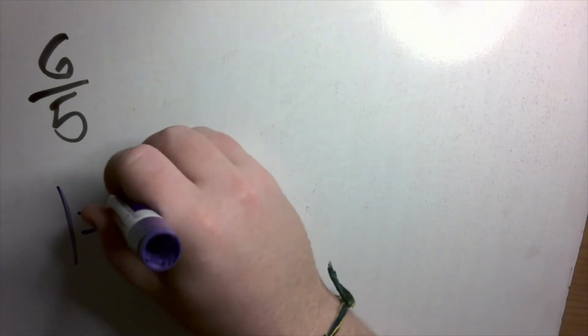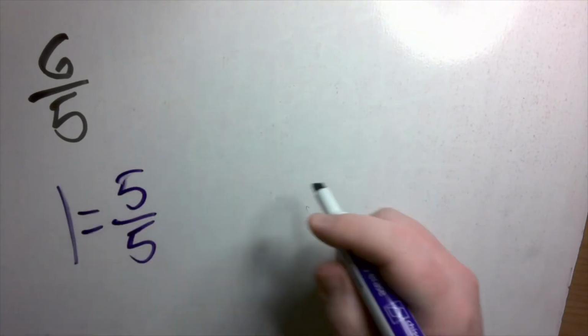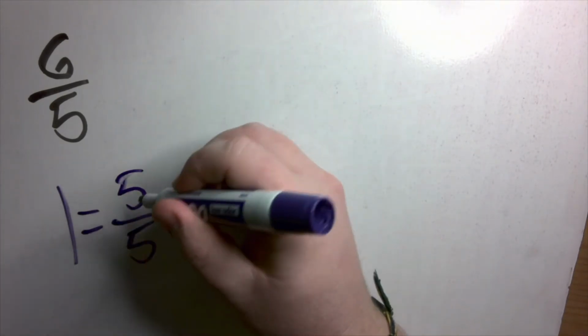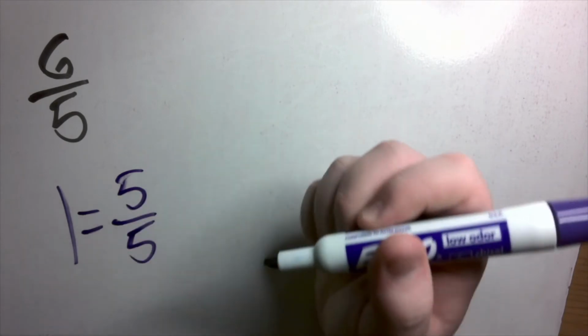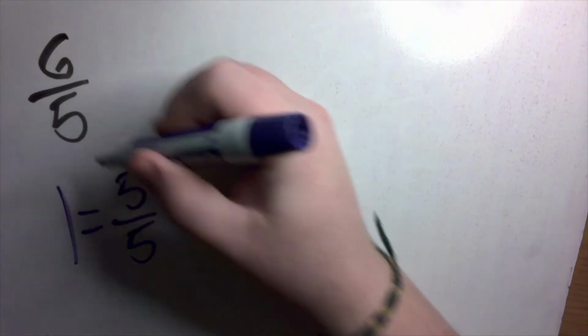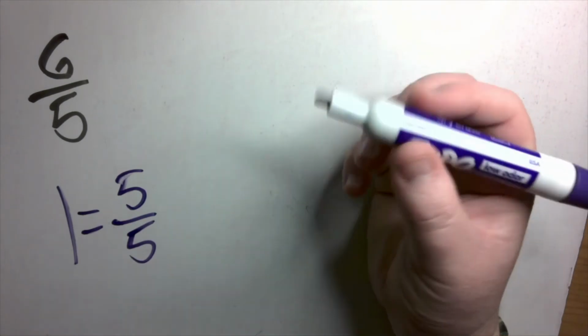Now, first things first, I'm going to go back to that magic number 1 again. Remember, it can equal whatever it wants. 1, in this case, is going to equal 5/5. As long as the numerator and the denominator are the same, that's all that matters. And since I'm working with fifths, I'm going to use fifths here. It just makes the most sense.